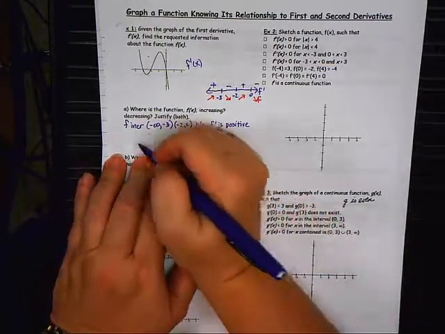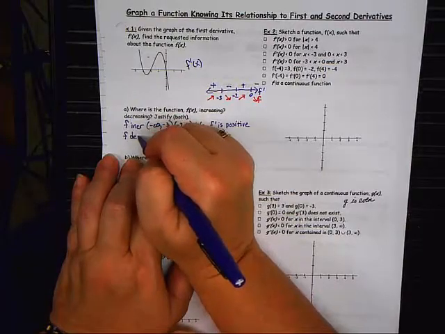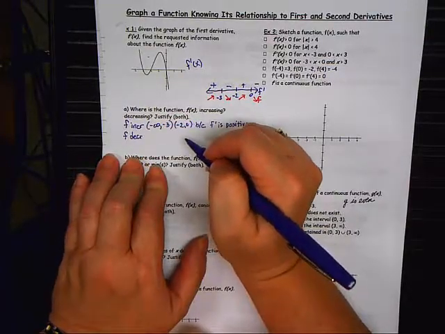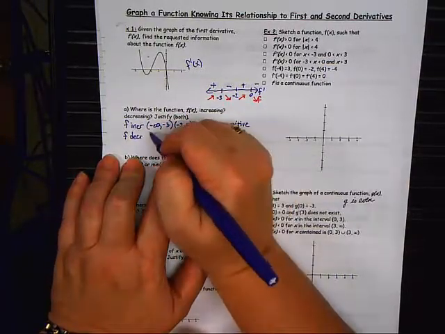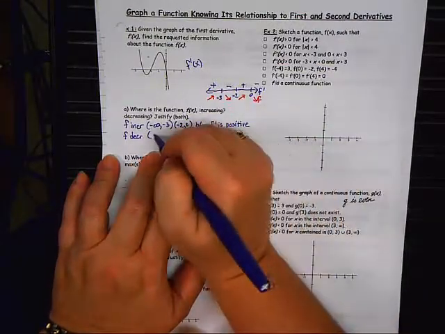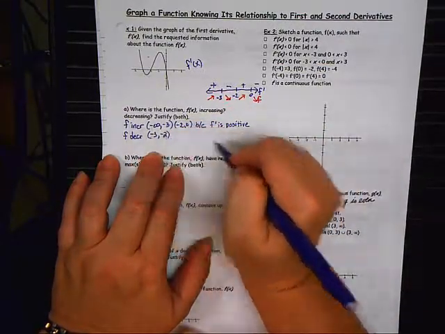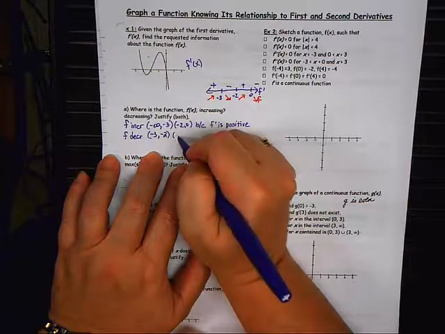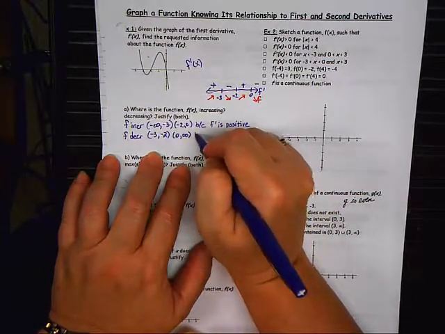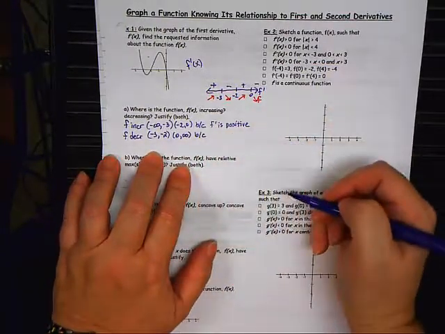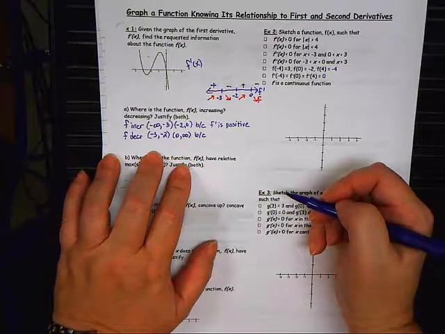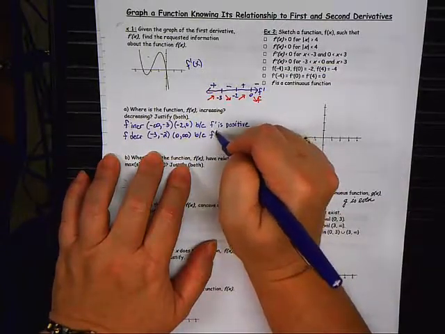Okay? And then it says decreasing. So f decreases, and you've got to put the f there, guys. You've got to be specific about what you're talking about. F decreases from negative 3 to negative 2, and then from 0 to infinity, because f prime is negative.